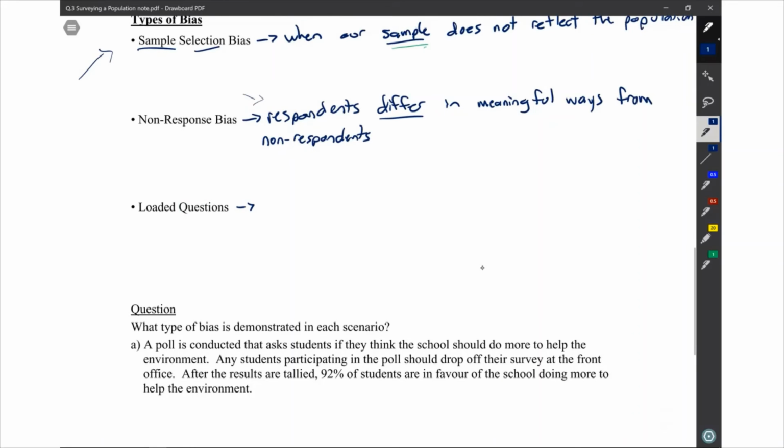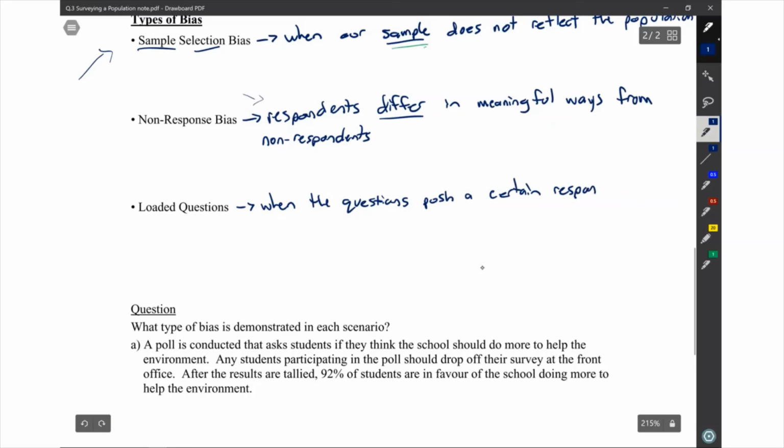So you'll put questions that push a certain response from the recipient. An example of this might be: have you stopped littering?